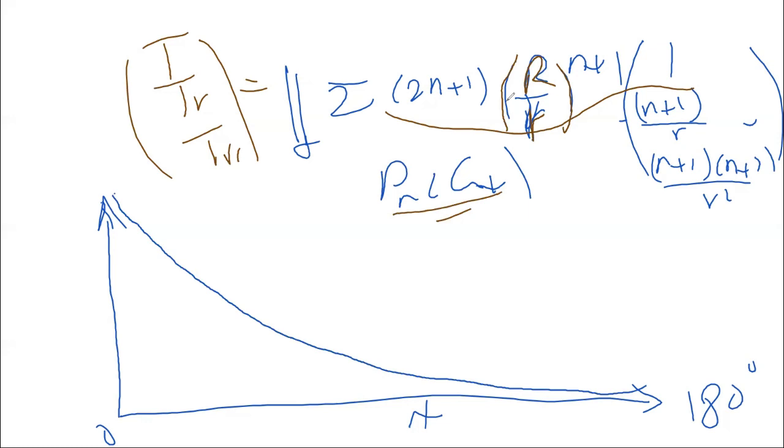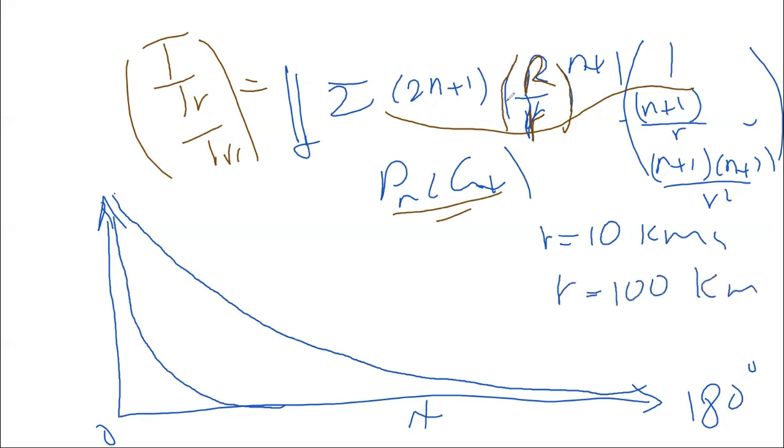For example, if you are close to the surface of the Earth, the kernel behaves like this. Let's say R is 10 kilometers, and second R is 100 kilometers, and R is 1,000 kilometers. When you are at the surface of the Earth, the kernel goes fast to zero.